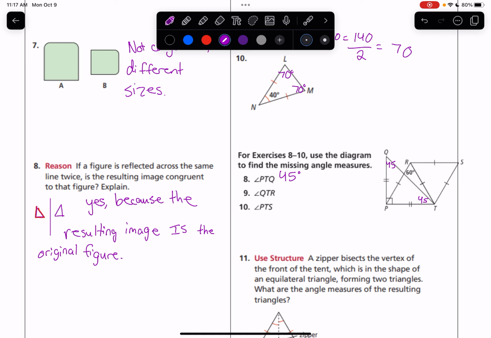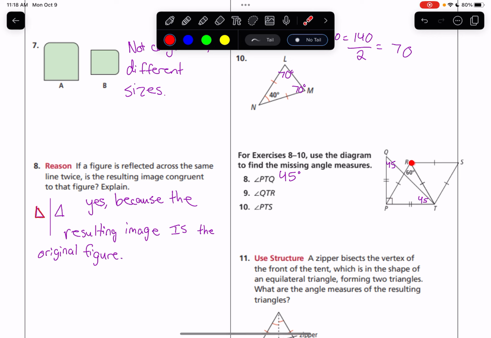The next one is QTR, which is the little bitty angle right here. And when I'm thinking about this one, I have to think, well, what is this entire angle? Here, I have an isosceles triangle with a vertex angle of 60 degrees, which means this angle, P, and this angle, T, the entire thing, must have the same measure.